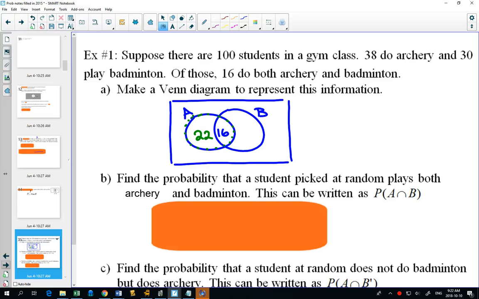How many people do only badminton? 14. But the entire badminton circle still adds up to 30. And if we add up all of those numbers so far, 14 plus 16 is 30, plus 22 is 52. That means there's only 48 students that do nothing.